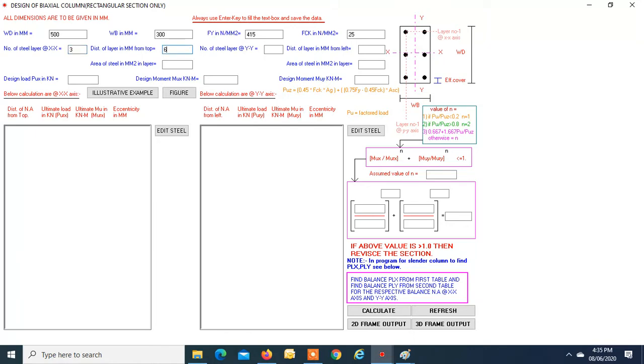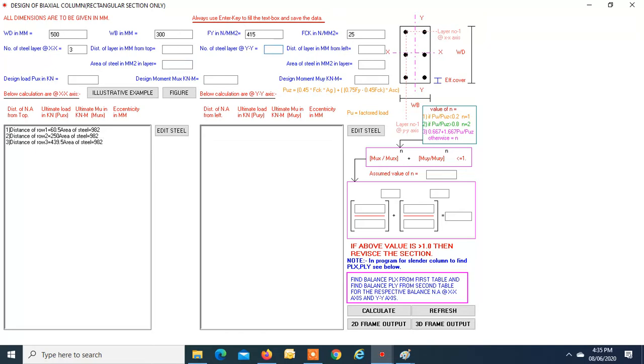The first layer is at 60.5 mm, area of steel in that layer is 982. The second layer is at 250, area of steel again is 982. The third layer is at 439.5 mm, and the area of steel is 982 mm square in that steel layer.